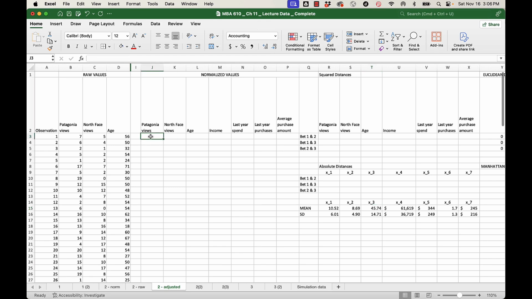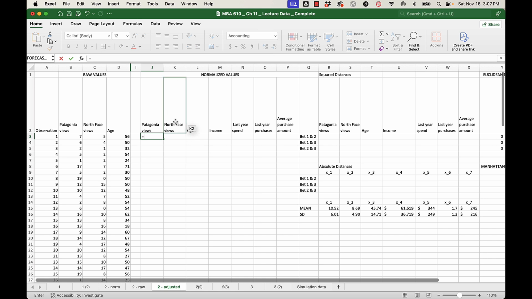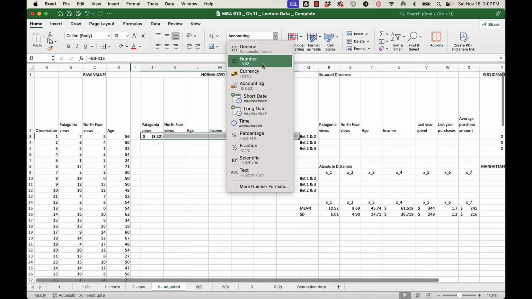So our z-score says, all right, if person 1 saw 7 product views, how many standard deviations are they away from average? If they viewed 7 product pages and the average was 10.57, they viewed 3.52 pages less than average. I'm just going to change this to number.